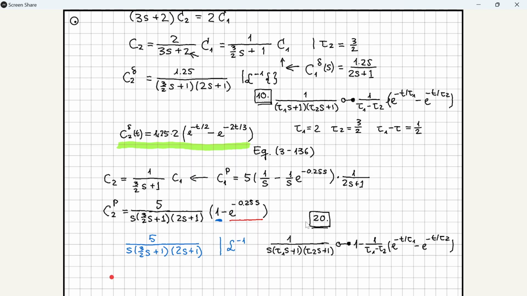And I get C2p of t, so this is maybe the first one, the blue part. So this becomes 5 times 1 minus tau 1 minus tau 2 was 1/2, so it's 2 times e to the minus t half minus e to the minus 2t divided by 3.